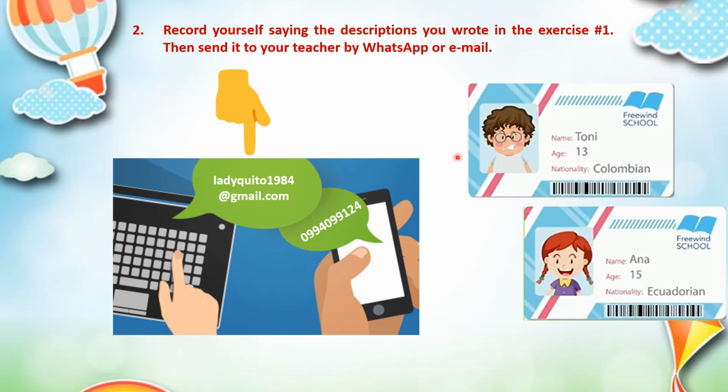So for example, hello teacher, my name is Margarita. This is my homework. 1. Anna is more intelligent than Tony. 2. Tony is taller than Anna. 3. Anna is happier than Tony.